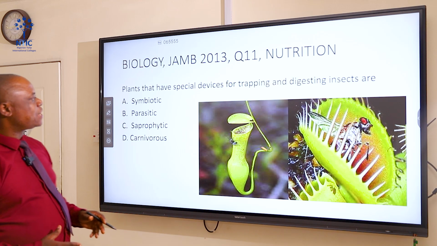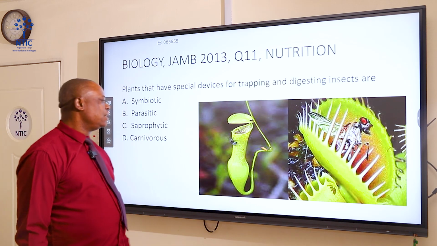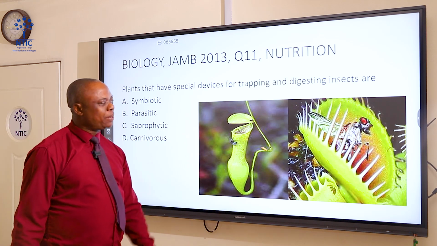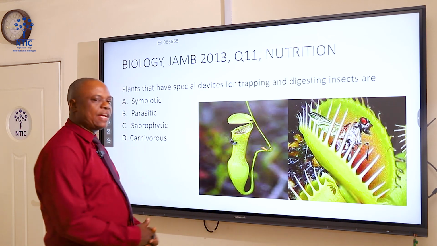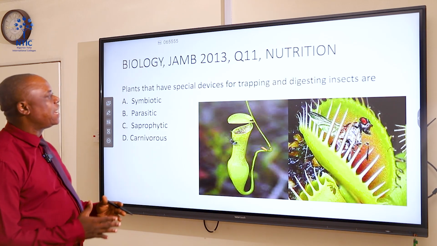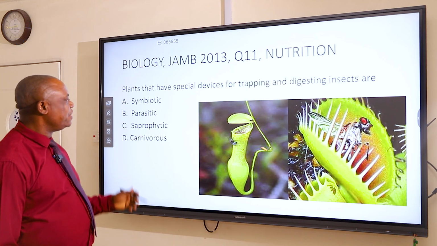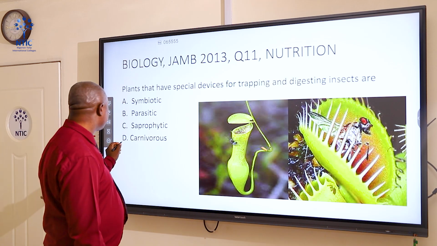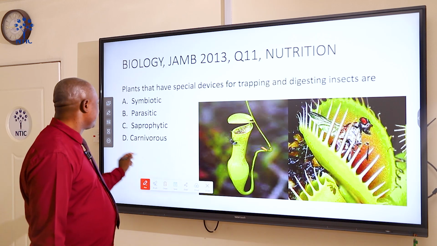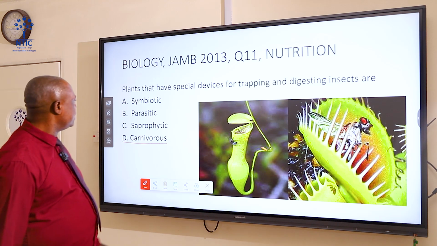An example of such plants is what you have on the board here: the pitcher plant and the Venus fly trap. These are carnivorous plants that have special devices for catching and digesting insects. So the answer to this question is D, carnivorous plants.